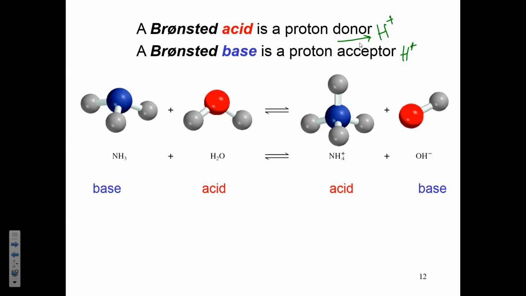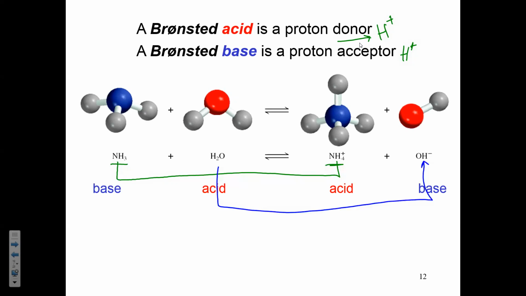So here we have a base, and it is going to be paired over here with this. And we know that because they look almost identical. The only thing changing is the number of hydrogens. Then we have another pair right here, pairing right here. The only difference between these two is the amount of hydrogens. So we can always form pairs when we're looking for Bronsted acids and bases.